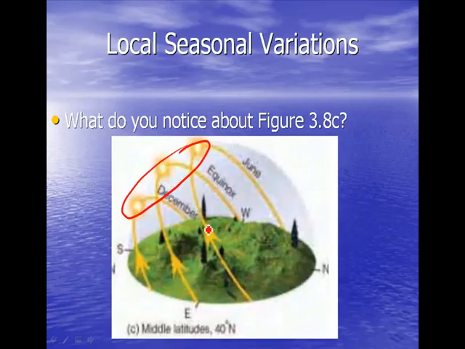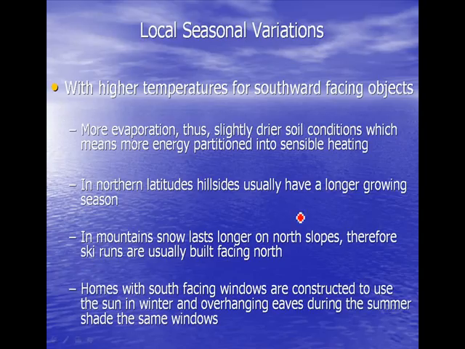So basically, southward facing objects will receive more direct sunlight than northward facing objects. And we'll talk about the implications in the next few slides. Typically, southward facing objects are warmer, thus we have more evaporation. Soil conditions are typically drier on southward facing slopes or hillsides, which means that more of the energy goes into sensible heating.